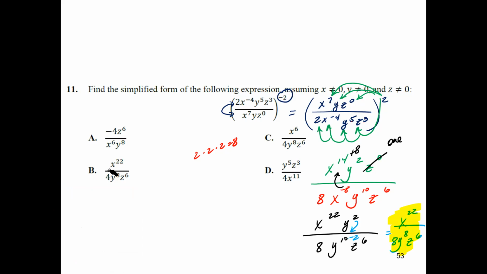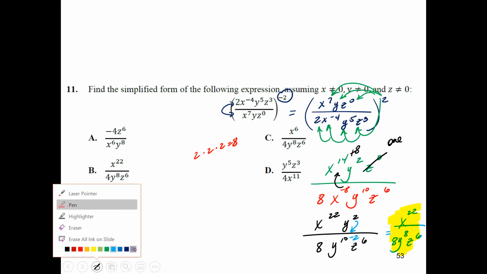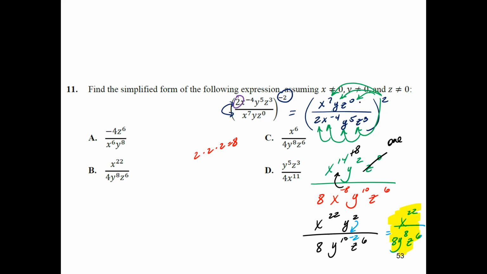Oh, you know what? I just totally messed up on something. I noticed that I forgot the 2 right here. 2 squared is going to give me a 4. 4 over 8 is going to give me a 1 over 2. Or no, I'm sorry, hold on. No, that's correct. There's no 2 because I flipped it down over here.